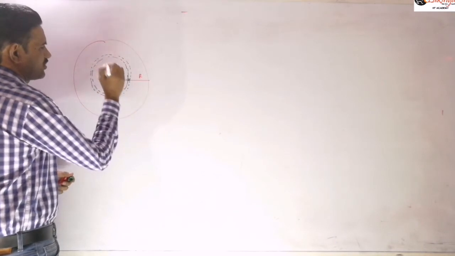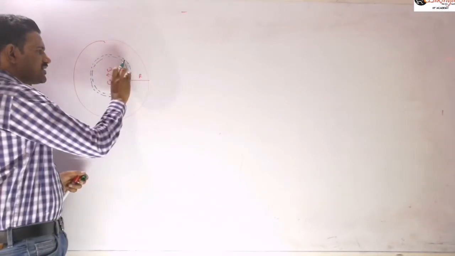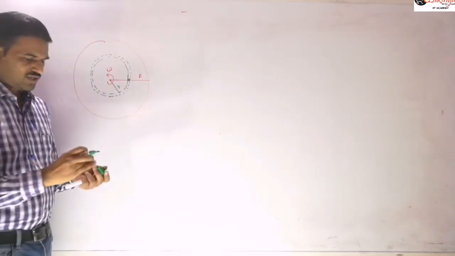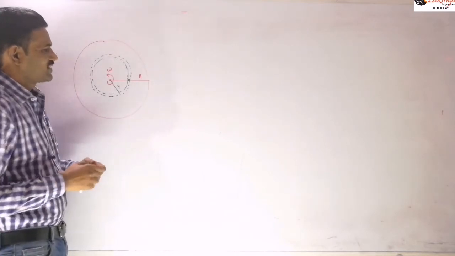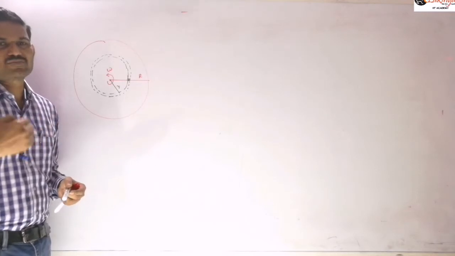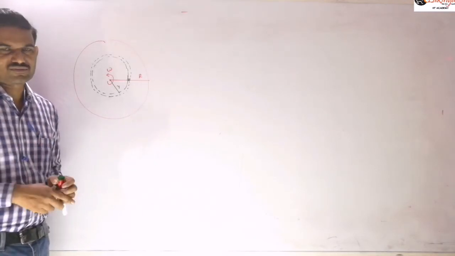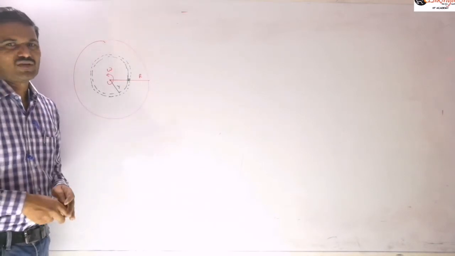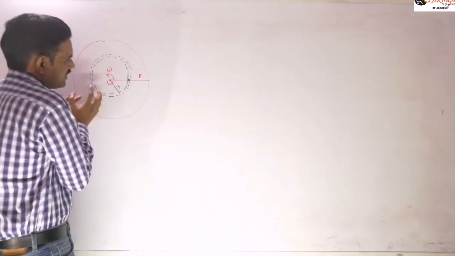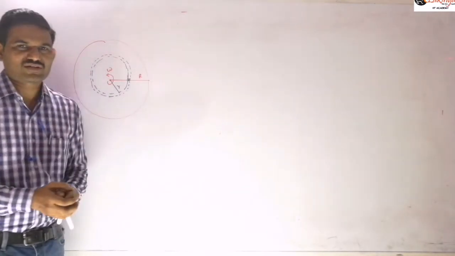Let us take a free electron here. When the disk is rotating like this, that free electron will experience a pseudo force, right? That pseudo force is nothing but the centrifugal force. So that free electron will experience a force in the outward direction here.